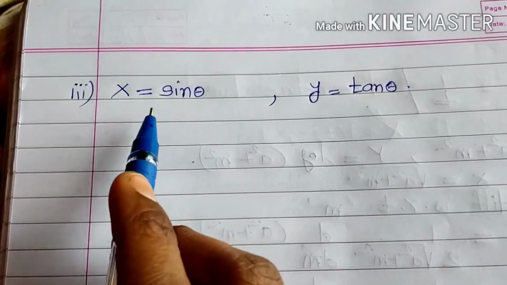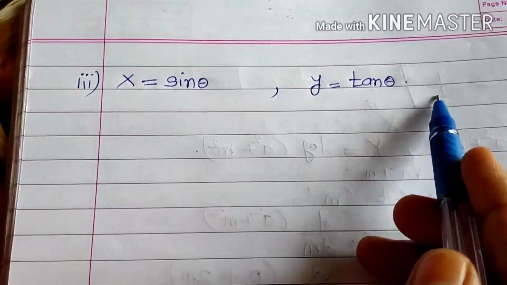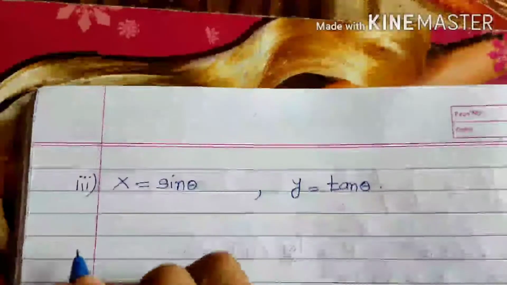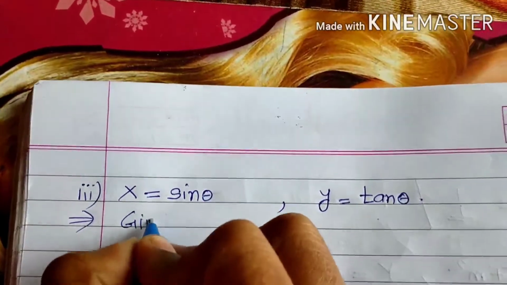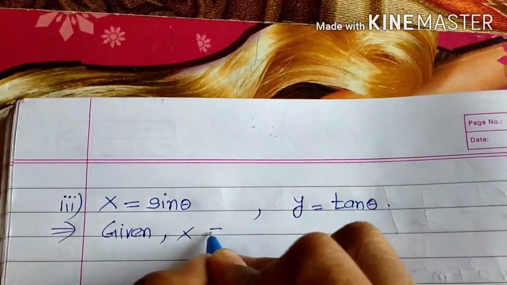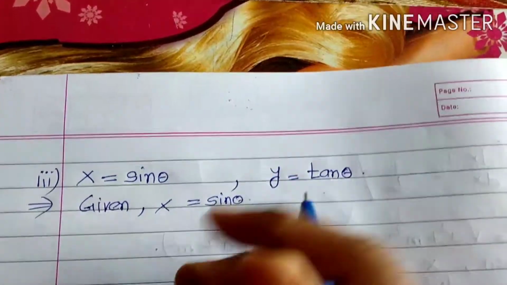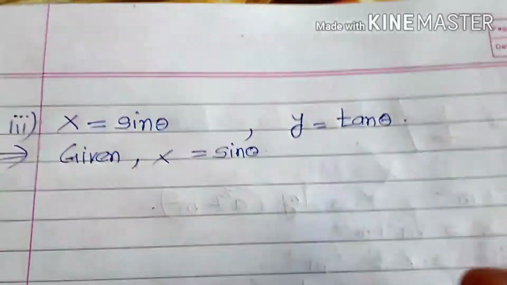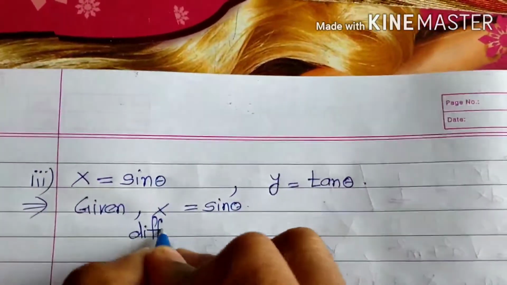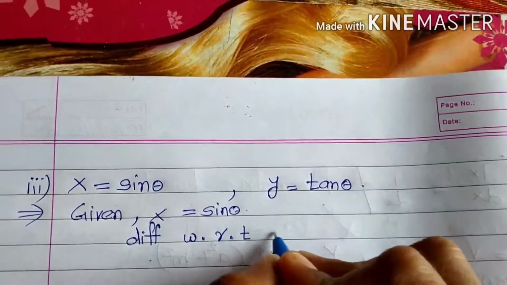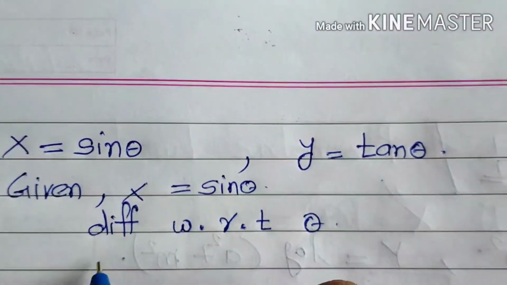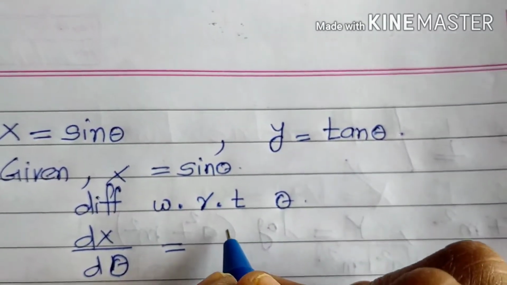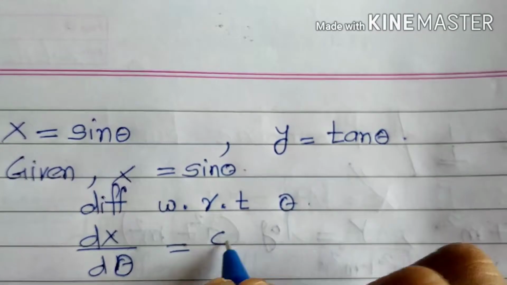Next example, x is equal to sin theta, y is equal to tan theta. Now here theta is the parameter. Given x is equal to sin theta. Remember that here we have to differentiate with respect to theta. So dx upon d theta is equal to the differentiation of sin theta, which is cos theta.